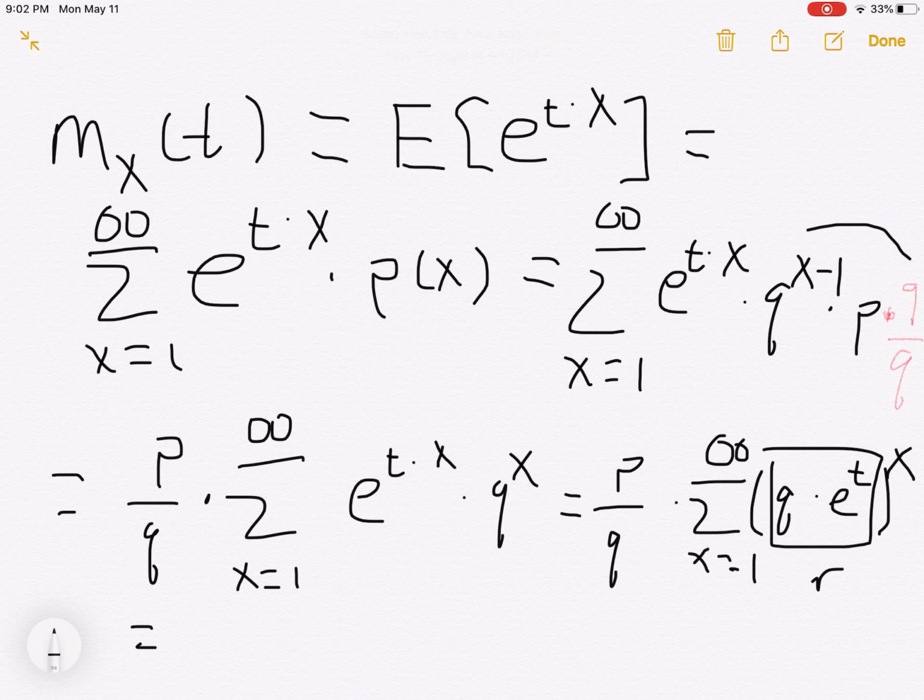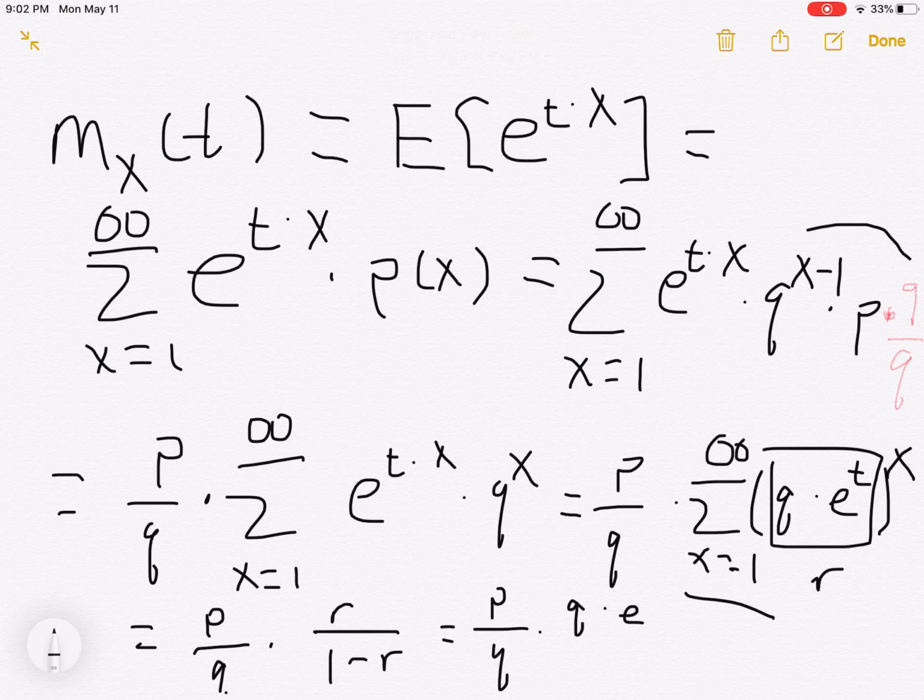Using this geometric series, we're going to have P over Q times the summation. Because this index starts at 1 and not 0, this will sum to be R over 1 minus R. And substituting that R is nothing more than Q times e to the t, over 1 minus Q times e to the t.